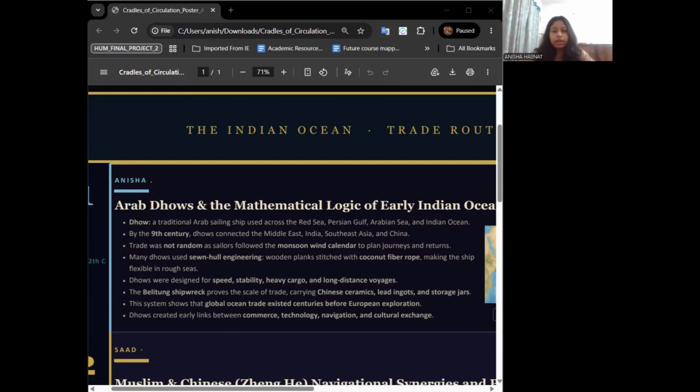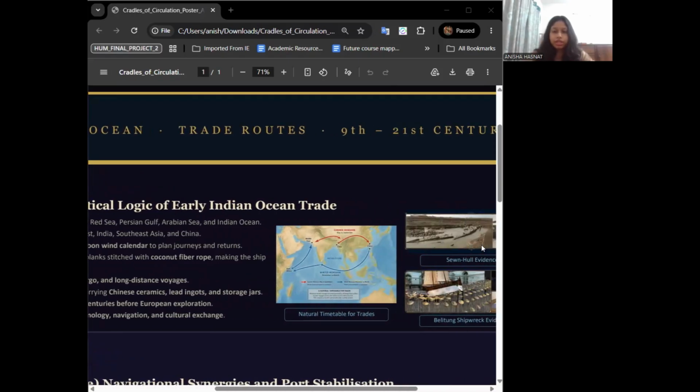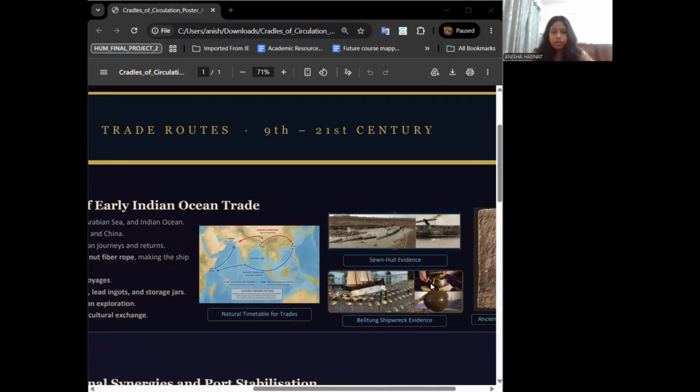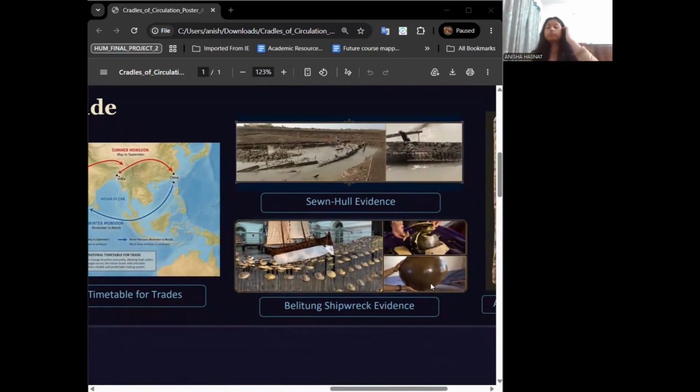And now let us look at what the ship was carrying, because the cargo shows how advanced this trading system actually was. Studies of the Belitung and the Phanom Surin shipwrecks show that 9th century trade was not just a small luxury trade.